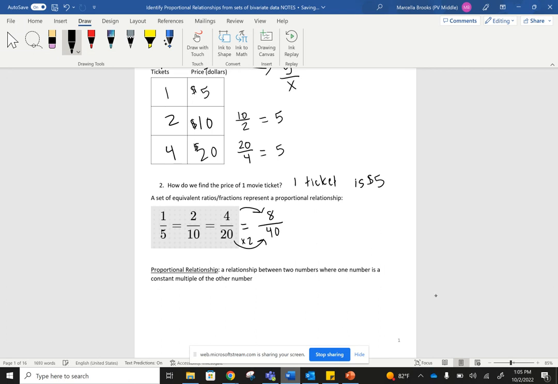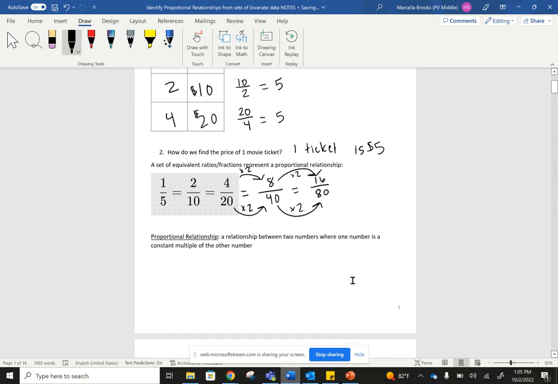I'm just multiplying by the same number. I could do it times 4, times 5, as long as I do it to both numerator and denominator. And I could multiply by 2 again and get 16 over 80. I could multiply by 2 again, but I won't because my screen starts to get messed up there. But you get my point. We could just go on and on and scale up and down. If I wanted to scale down, I would divide by 2 over and over again.